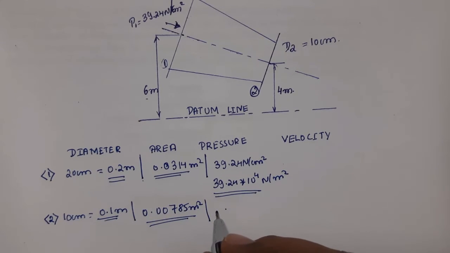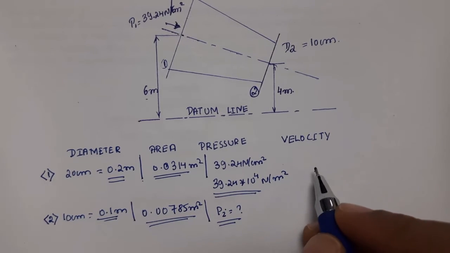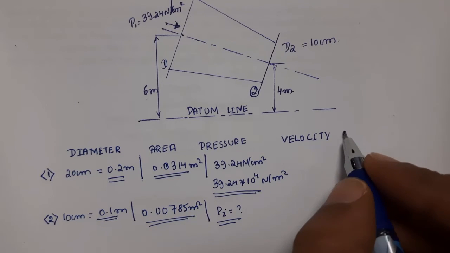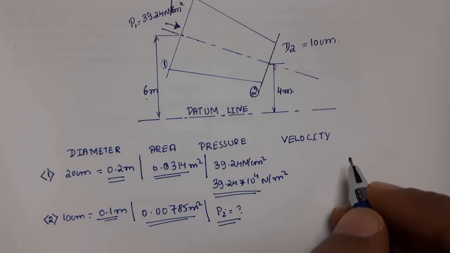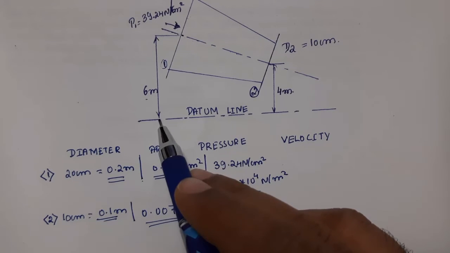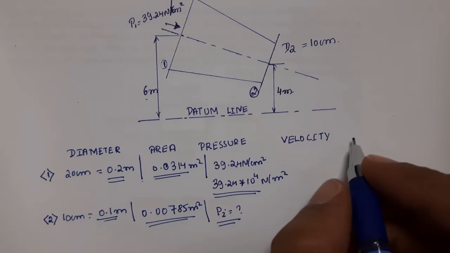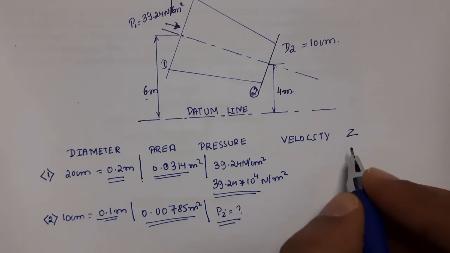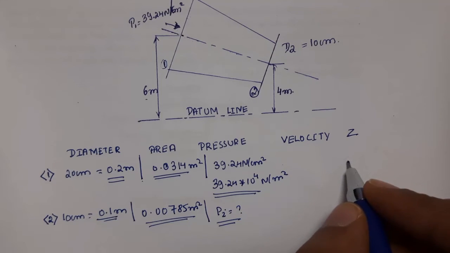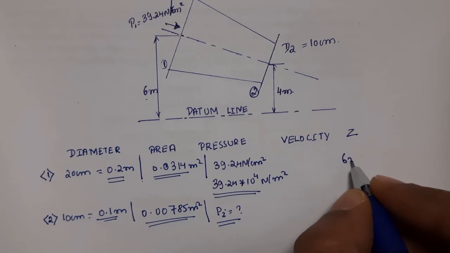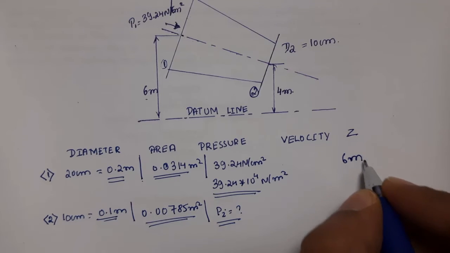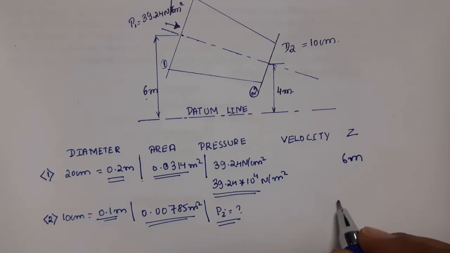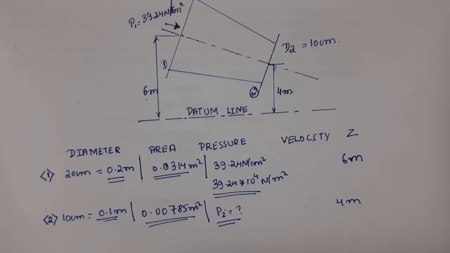Pressure at this particular point P2 is unknown. Now there is also one more known value, and that is nothing but Z. Z is nothing but the height from this particular datum line here. That is a potential energy. So Z, we can write it down as for section 1 it is 6 meters, and for section 2 it is 4 meters.